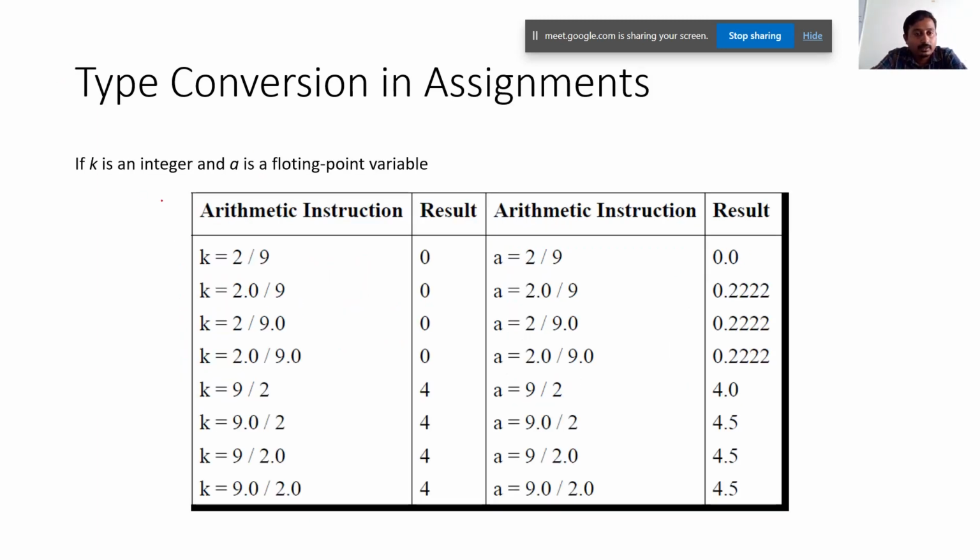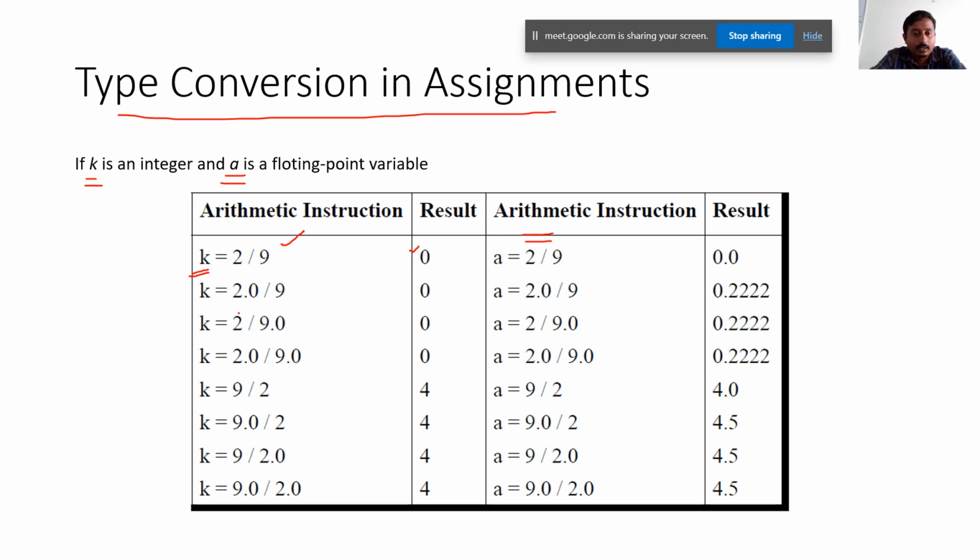Now here, this is type conversion in assignment. Here k is an integer and a is a floating point number. So what will happen here? Now we are seeing all the possible combinations. First we have integer by integer, so the result will obviously be integer, so we are getting 0 here.